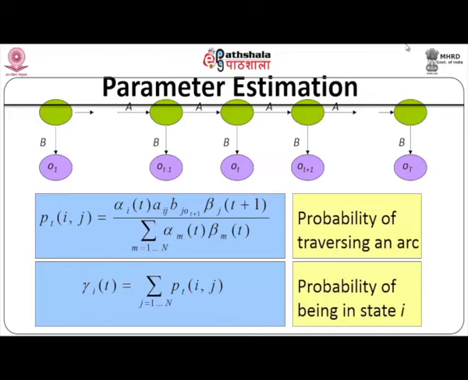This is divided by the summation of alpha_m(t) and beta_m(t), which is the probability of all the sequences for all the states. Now, the probability of being in state i can be given as the sum over j equal to 1 to n of the probability of going from i to j.